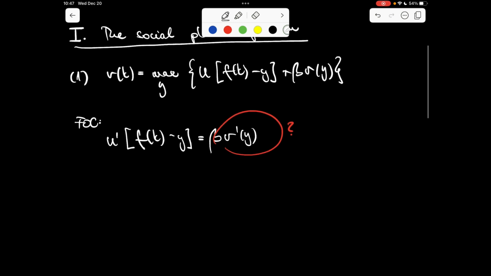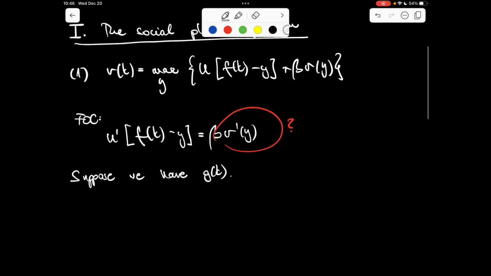To apply the envelope condition, suppose we have the optimum policy function. On this basis, we can write the optimized Bellman equation.